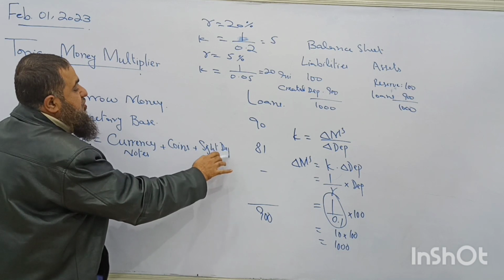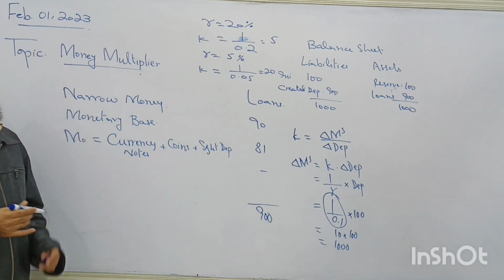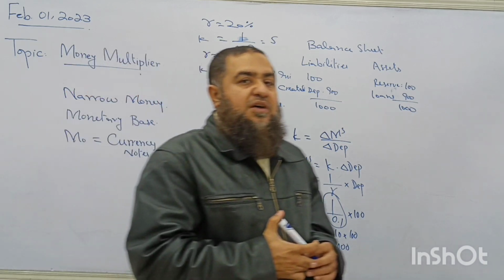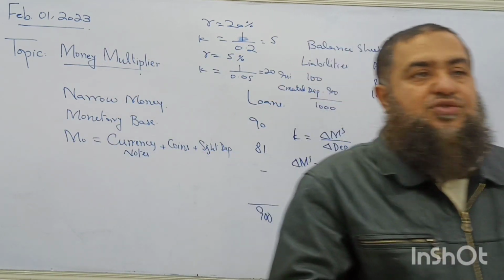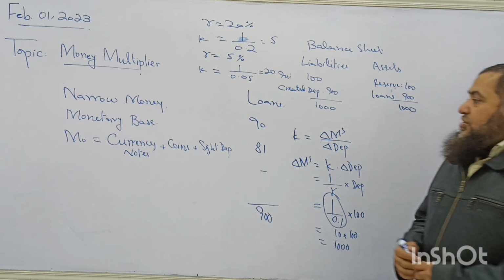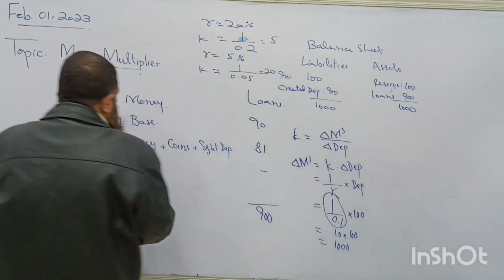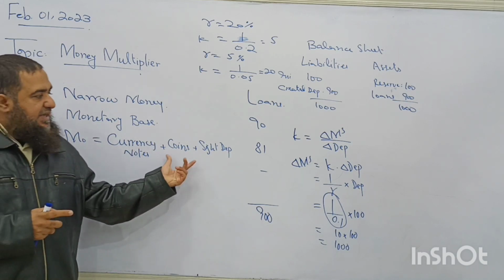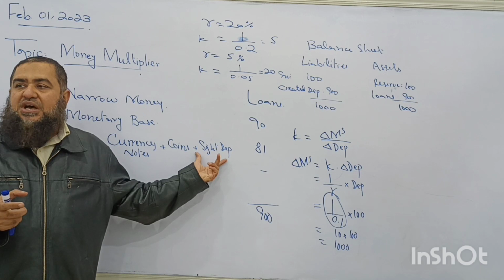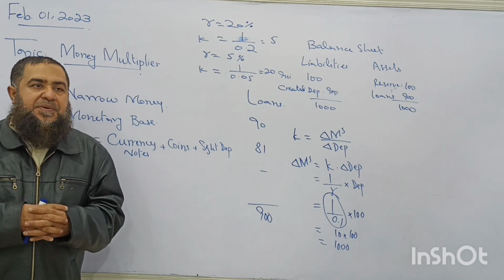Sight deposits, do you know what is sight deposit? The current accounts of business people, like if you are having any current account with any of the commercial banks, this is called sight deposit. It can be withdrawn at any time without giving any notice to the bank. So this is currency notes in circulation, coins, plus sight deposits or current account deposits of the commercial banks.